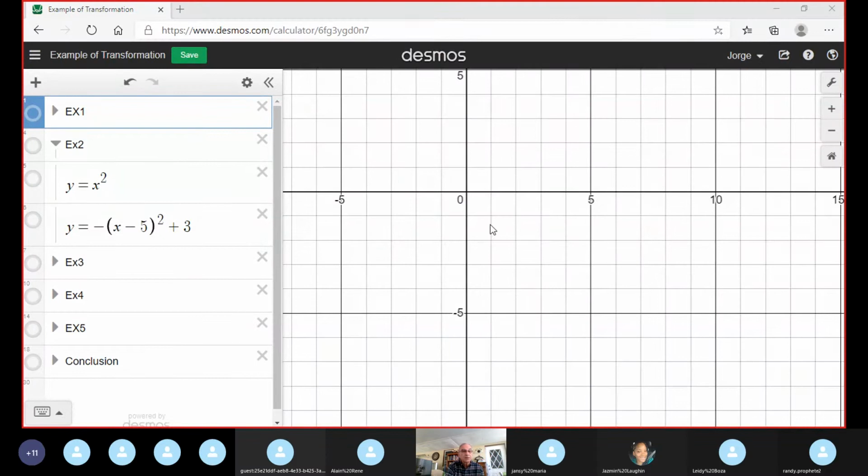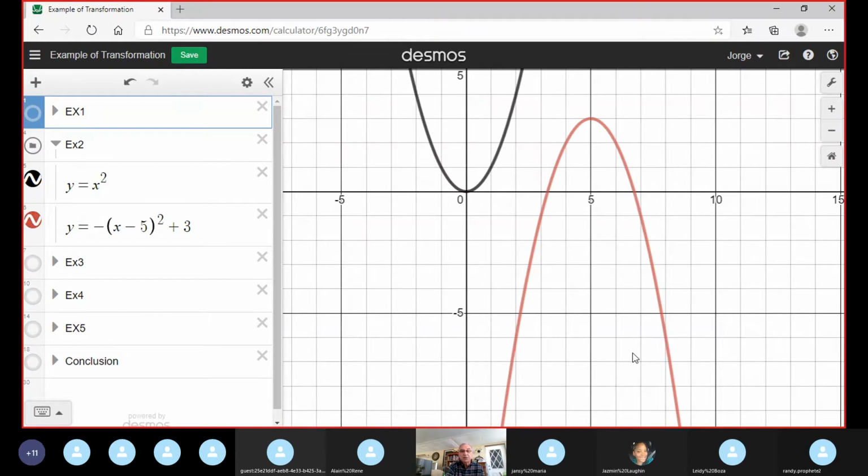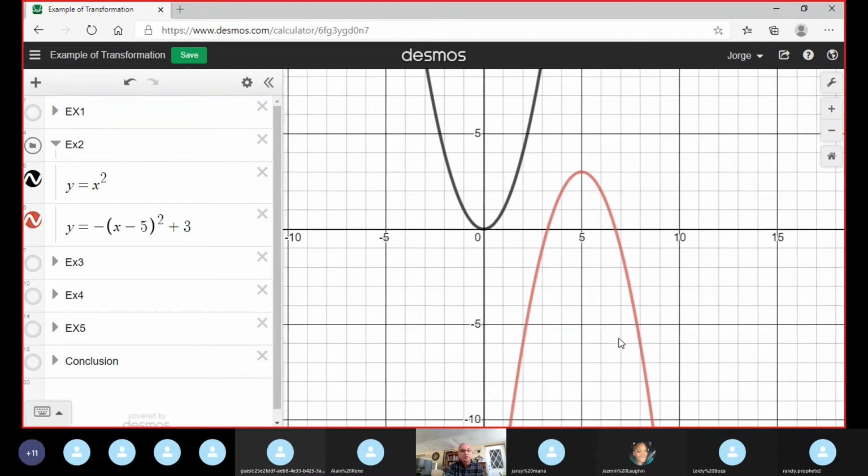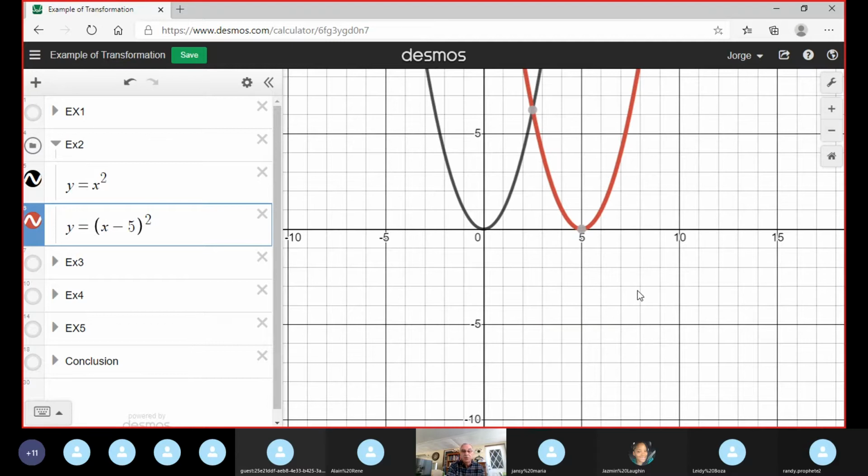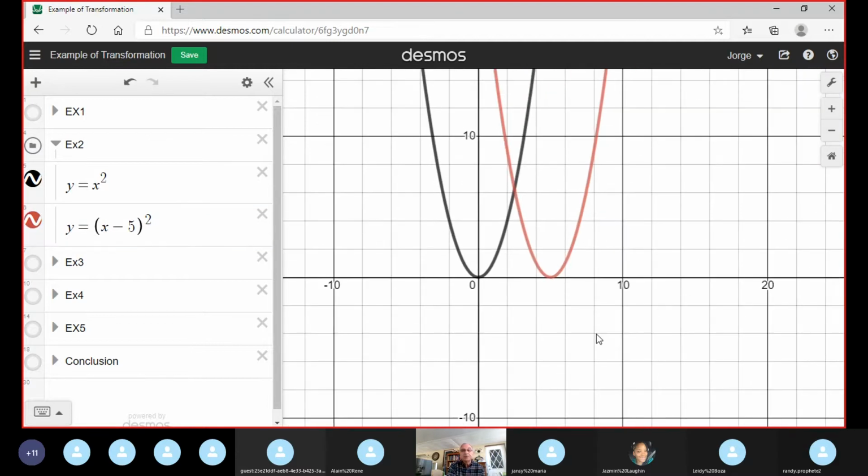Okay, look, this is the parabola, and this is the new one after the transformation. Let's do the transformation one by one. Suppose we eliminate the negative. The first transformation was a horizontal shift 5 units to the right.